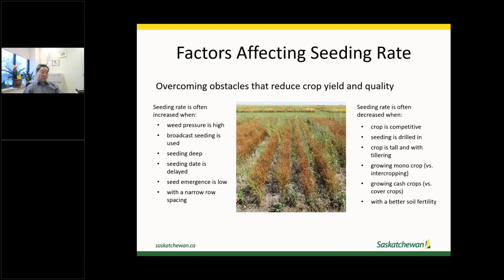In general, growing a monocrop often uses less seed than intercropping. Similarly, if you grow a cover crop or cover crop mixture, you can put in more seeds in comparison to growing a cash crop. When your soil fertility is high, meaning you have a good soil nutrient supply, you can sow less seeds.